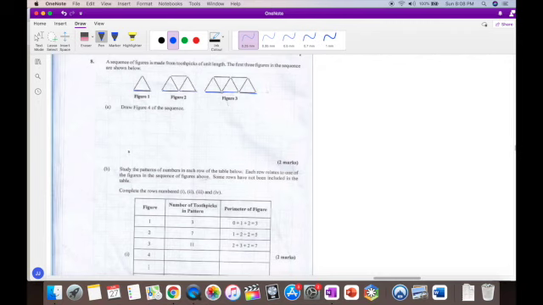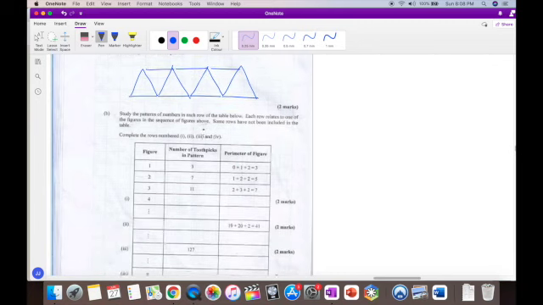So the 4th figure should have 1, 2, 3, 4 at the base. And we will draw the first triangle here, second, third, 4th triangle, and then we'll just have these joining here, and this is what your 4th figure should look like.